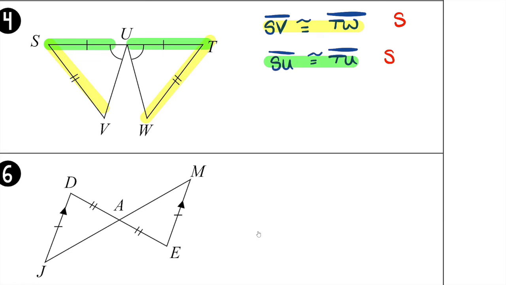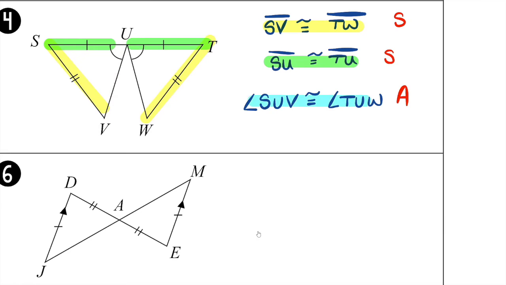So let's go S to U to V. Angle SUV is congruent to what? TUW. Yeah, so we just got to be specific because U could have been any one of those four angles.